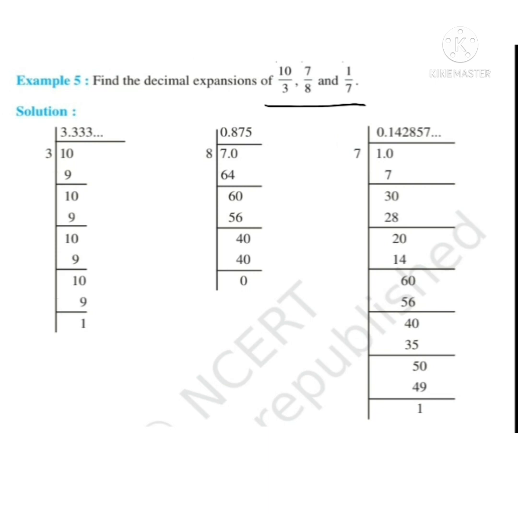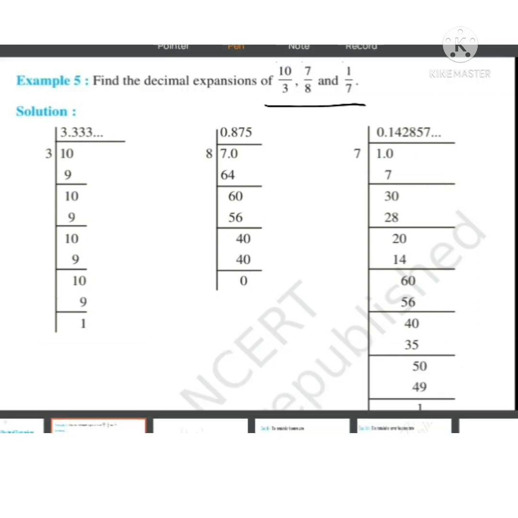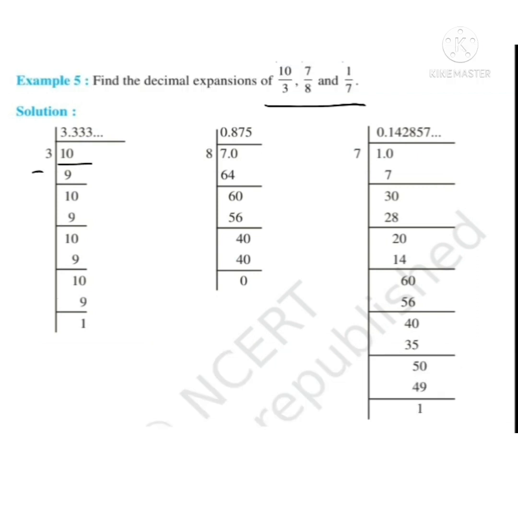When we divide 10 by 3, 3 3s are 9, and 1 is the remainder. Then 10 again, after the decimal, and this is how we do the division.